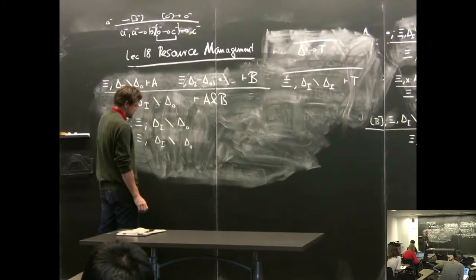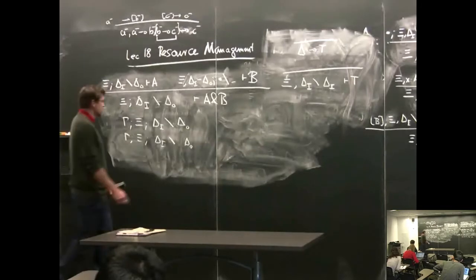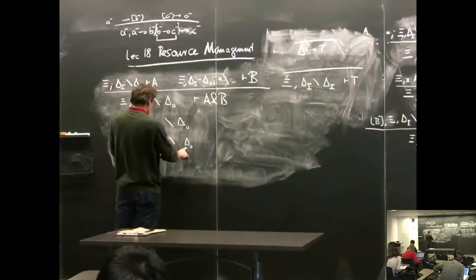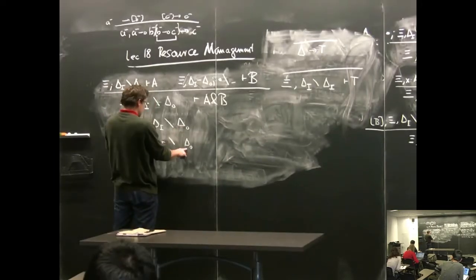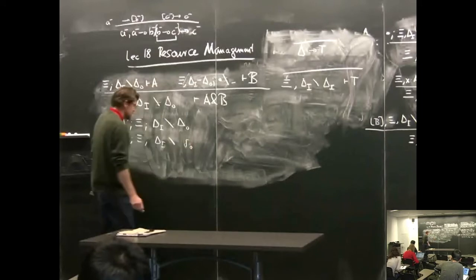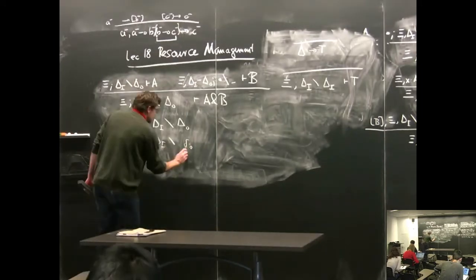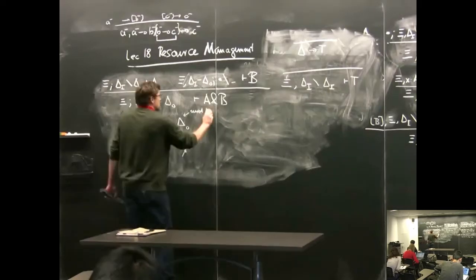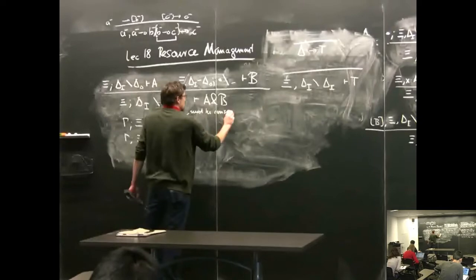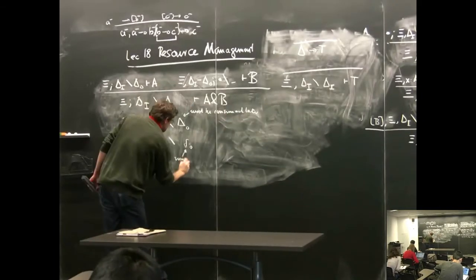Any suggestions? Okay. Now I want to call this delta because it's still a subset of that. I just want to mark it as some kind of symbol. And so this means it must be consumed later on. And this means it may be consumed later.